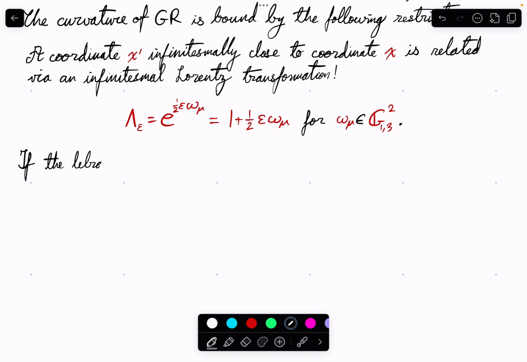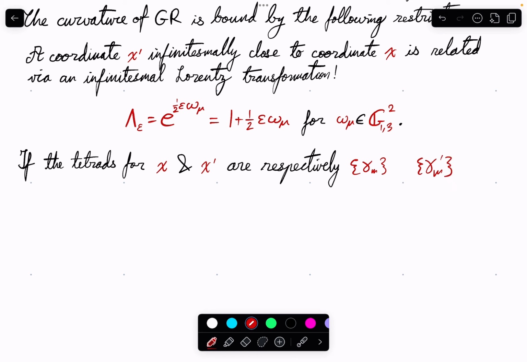If the tetrads for x and x prime are respectively gamma m and gamma m prime, then they are related as follows: gamma prime m is lambda epsilon gamma m lambda reverse epsilon.